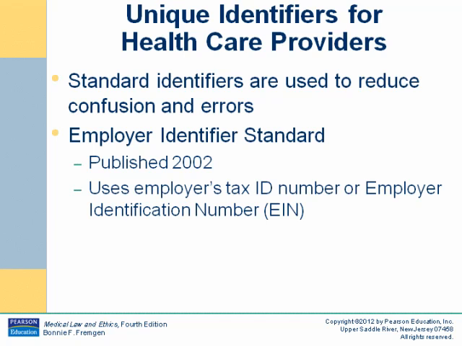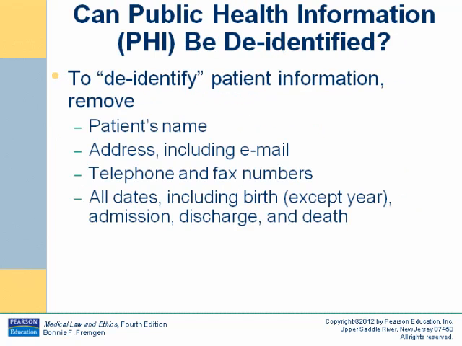So, can public health information be de-identified? Yes. To de-identify a patient, if you want to go through a case and you want to just give the specifics, sometimes they'll say John Doe or Jane Doe. The patient's name would be removed. Any address or email information would be gone.